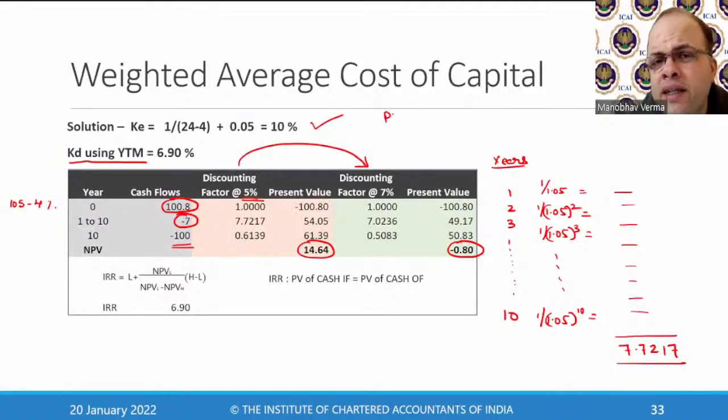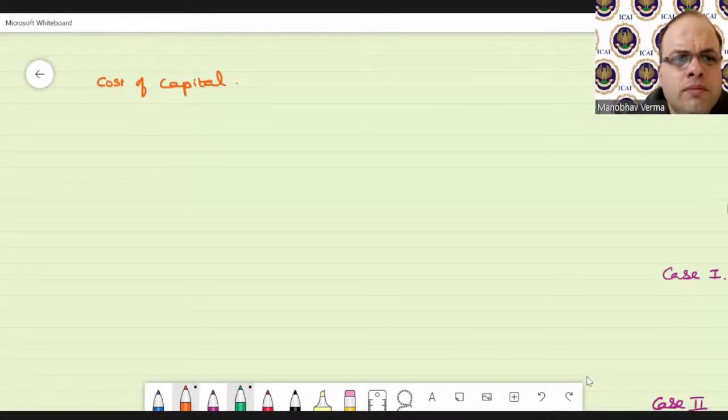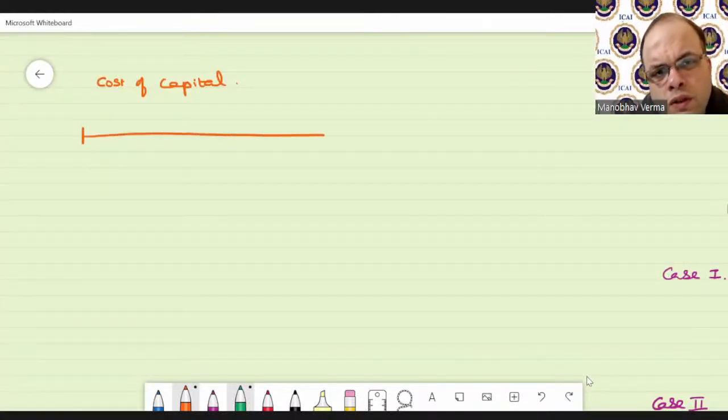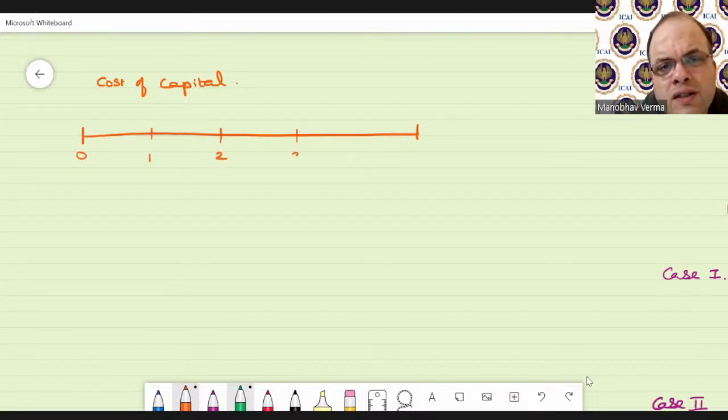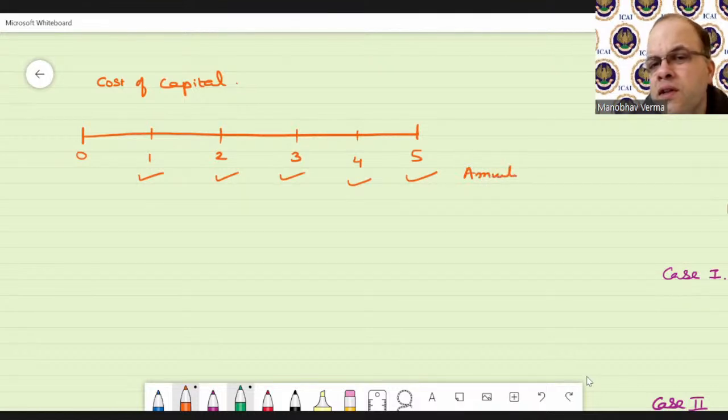The discounting factor, present value of annuity. Annuity means a series of payments, guys. Please listen to me. Let me explain this once again because a couple of students are asking this question. If we are talking about a series of payments, let's say for 5 years, this is an annuity, so we have to add these factors.